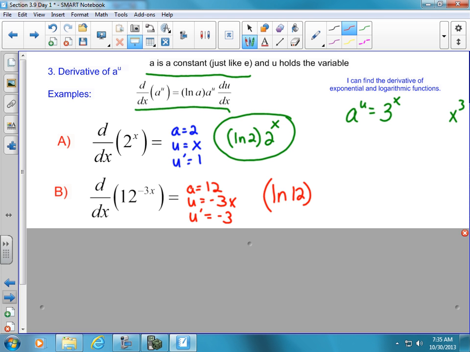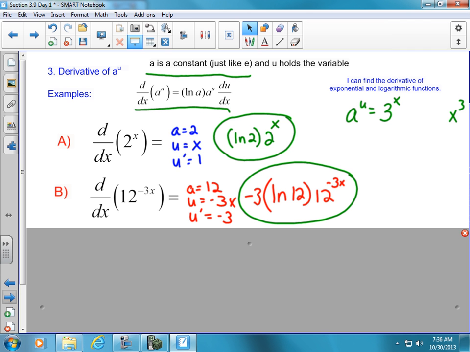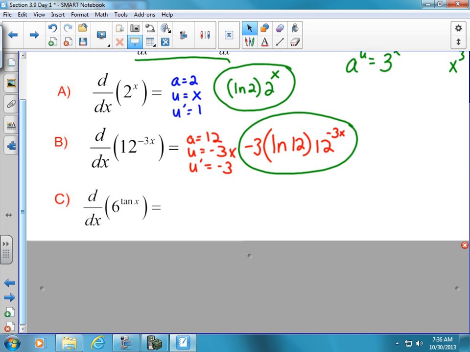Remember, ln of a number is just a number. And we have 12 to the negative 3x, and then times negative 3. I'm going to write the negative 3 in front of all this, and that will give us our solution. Derivative equation right there: ln a, a to the u, du dx.